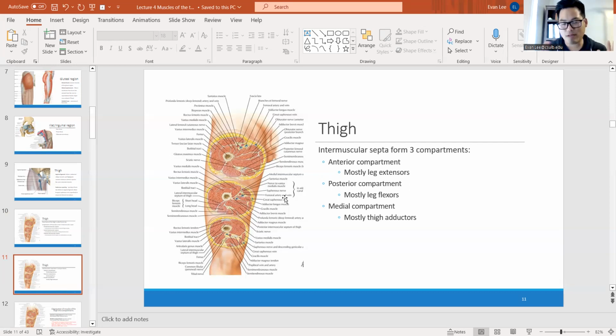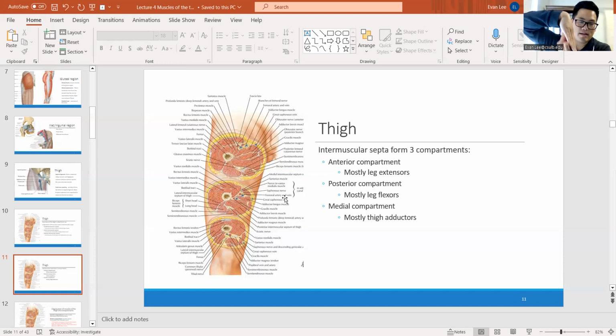So when we talk about the leg, the anterior compartment is going to have muscles on the front of the thigh, which means that it connects to the front of the leg. So when these muscles contract, they pull and cause the leg to extend.